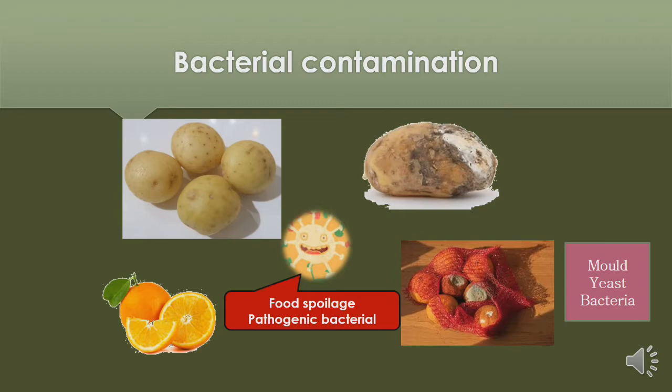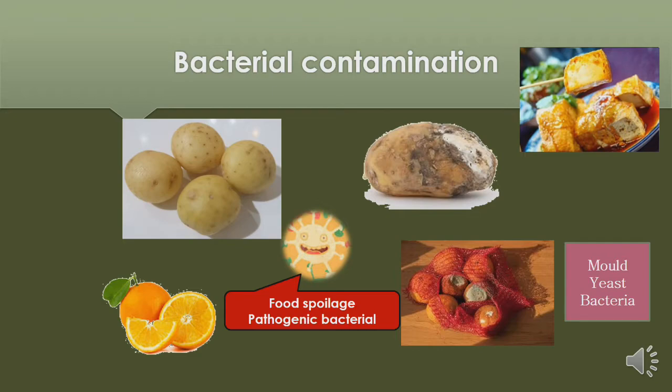Then some bacterial. So what is bacterial? Bacteria are the milky things. You usually cannot see them with your eyes. You need a powerful microscope to see them. But there are good bacteria, the useful ones, which help make food like yogurt or cheese.